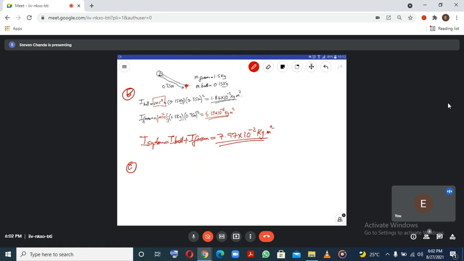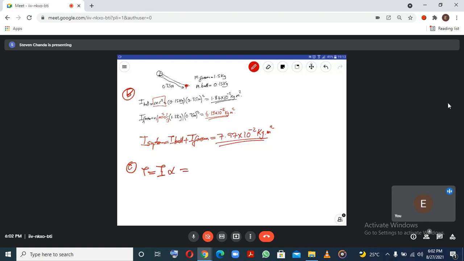So then, they are telling us to calculate the torque exerted on the system that results in the angular acceleration found in part 1. So we derived a certain formula last week, which was saying torque is equal to moment of inertia times angular acceleration.